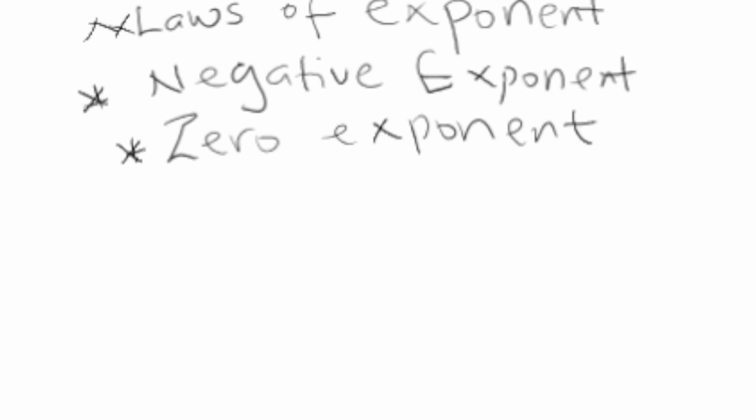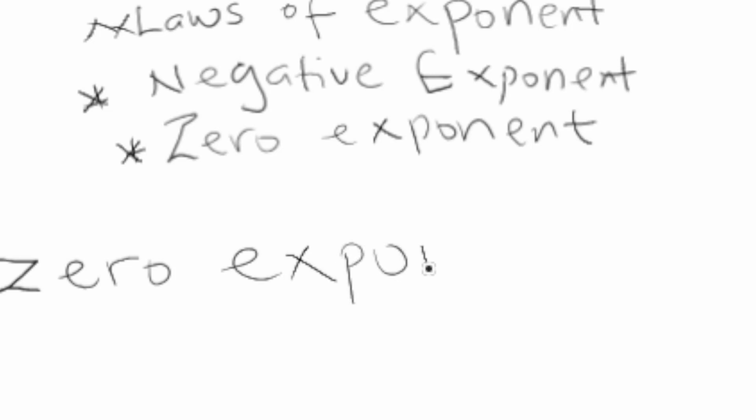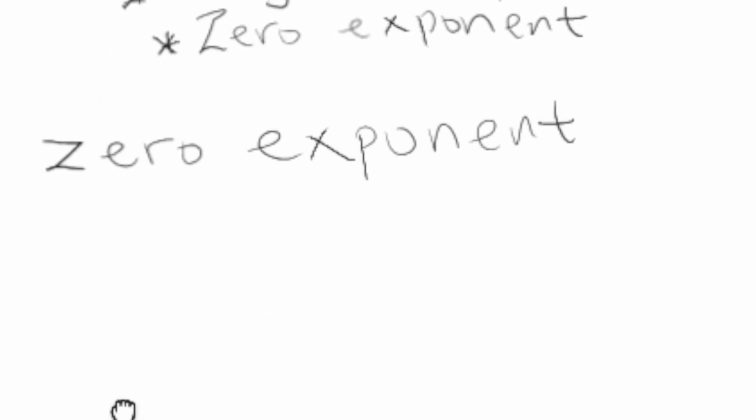So first of all, for the zero exponent, it's simple. All that you need to know is that any number exponent 0 is 1. Anything exponent 0 is 1.